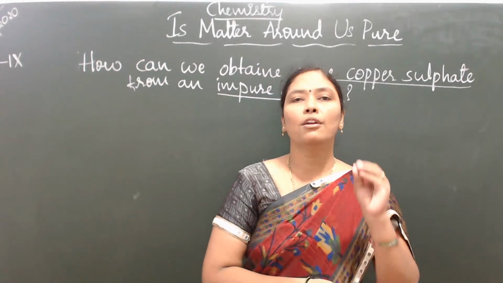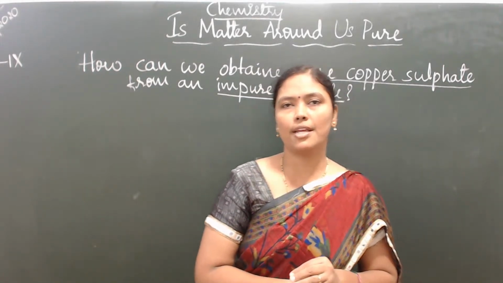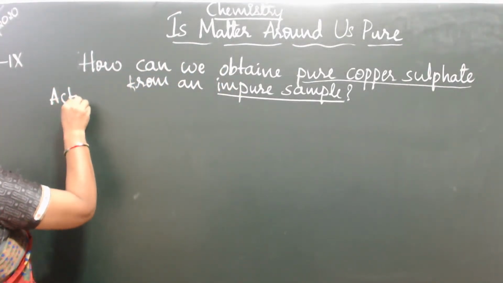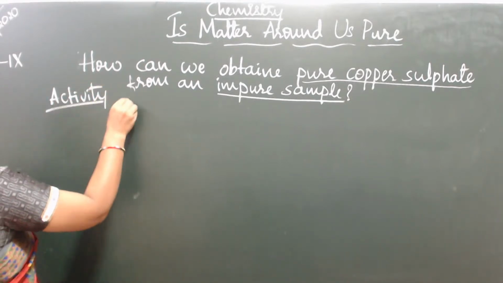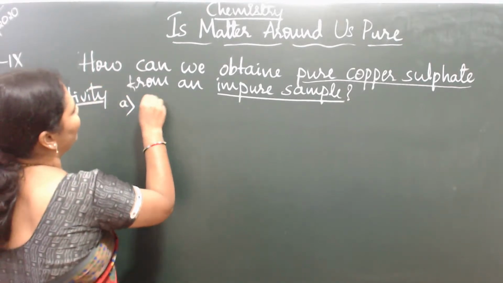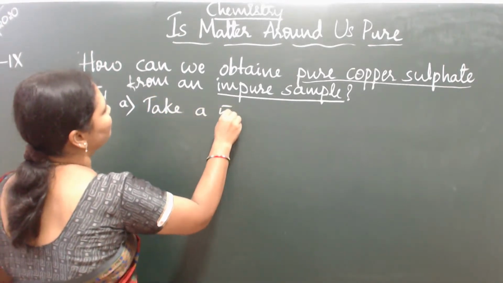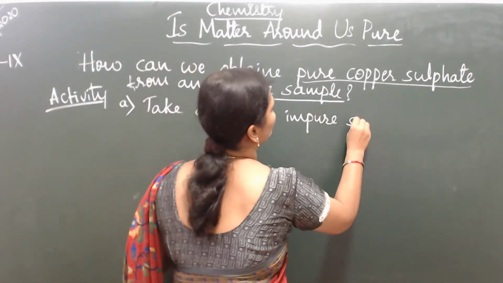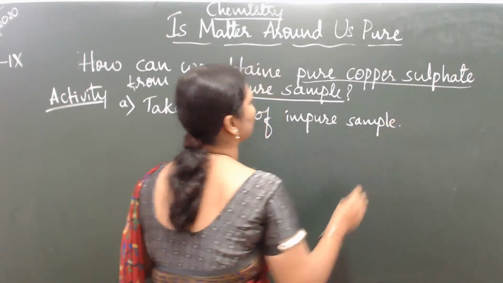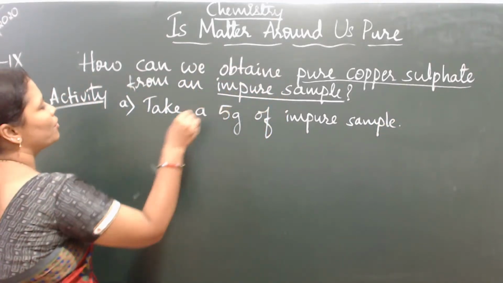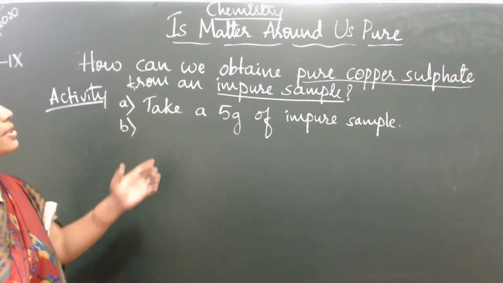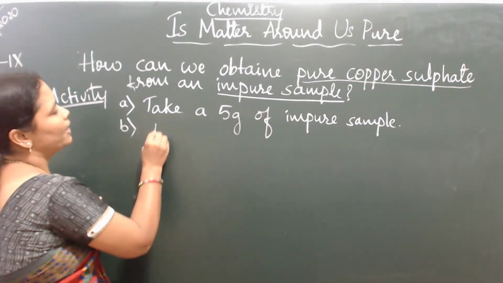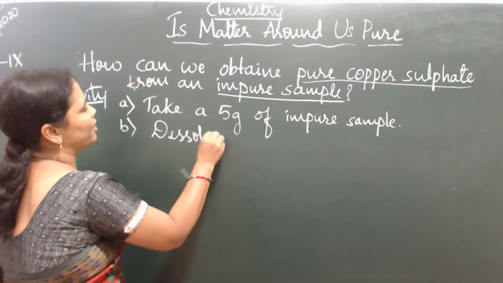We have to take 5 grams of the impure sample, and we have to dissolve this impure sample in a minimum quantity of water.